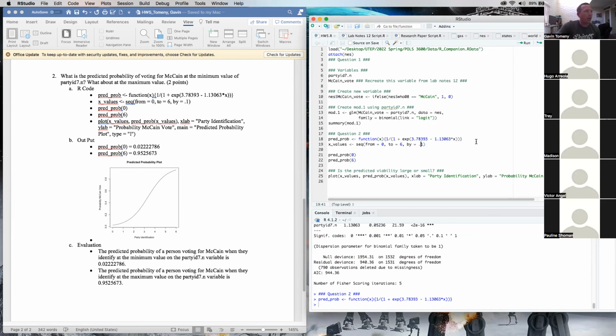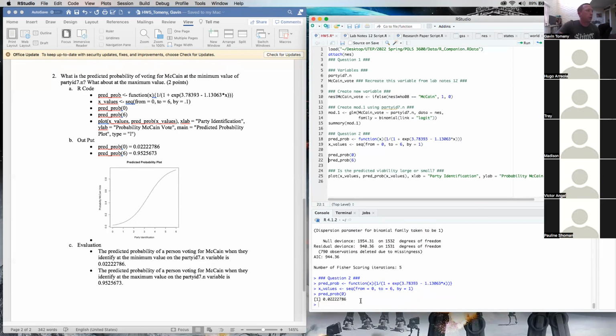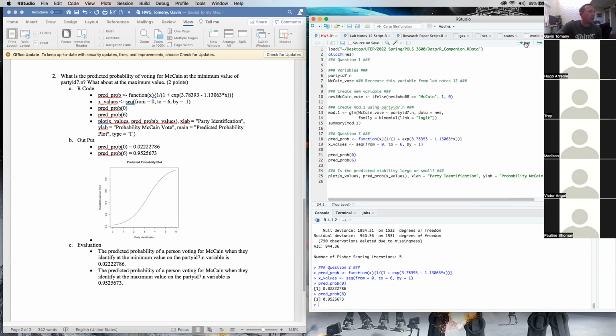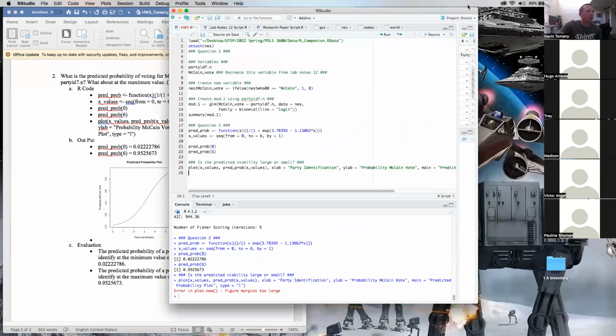And let's see what happens if we change that to 1. Honestly, it looks exactly the same on the minimum. And if we do the maximum, yeah, those are still the same. And let's see how it looks.